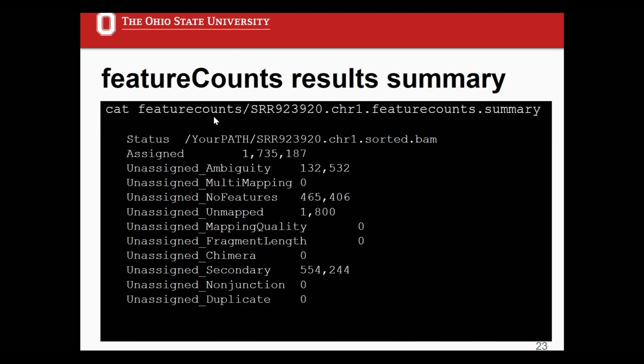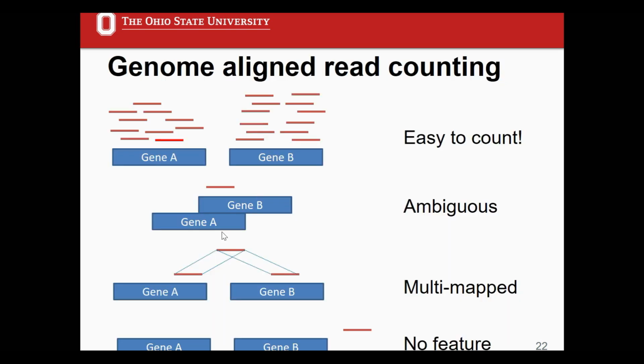So here is the featureCounts results summary. The majority of the reads are assigned, and some reads are unassigned, for different reasons. Some are due to ambiguity, like this.